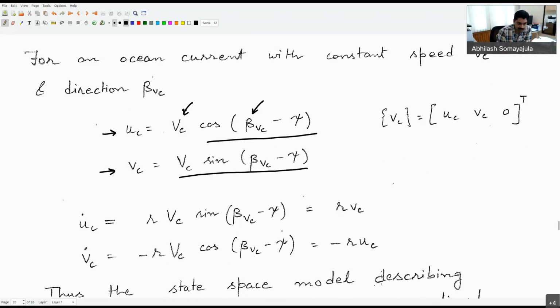Can anyone tell me which frame this is expressed in? Is it in the B frame or the N frame? Can you recollect this? We spoke about it a while back. I'm just trying to see how much we remember.